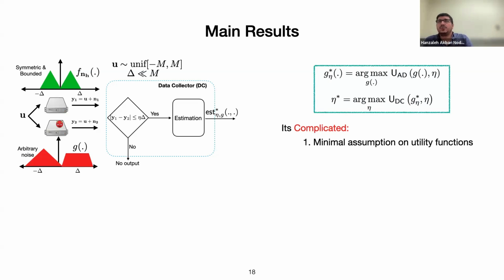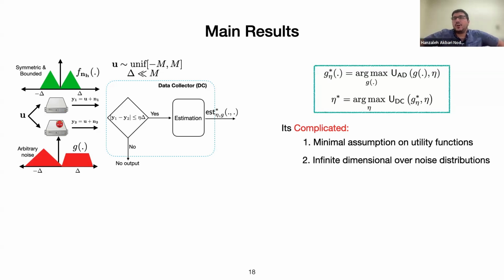And for the data collector, it is an increasing function with respect to the probability of acceptance, but a decreasing function with respect to the noise. Okay, that's the only assumption. We don't have any assumption about convexity or concavity, and because of this, we can't utilize a lot of well-established results about convex and concave problems.